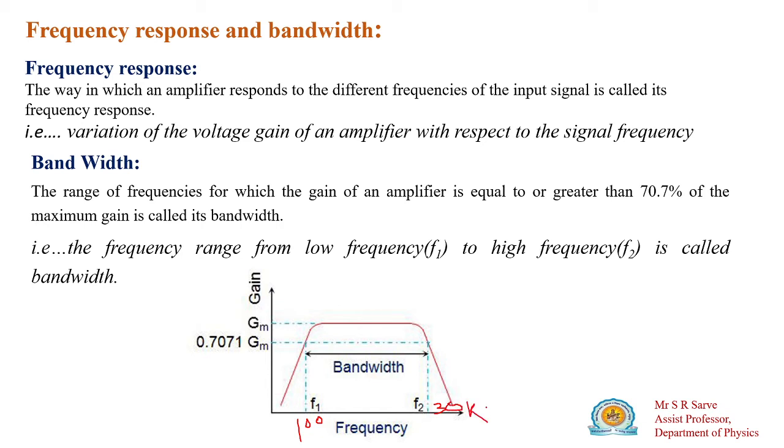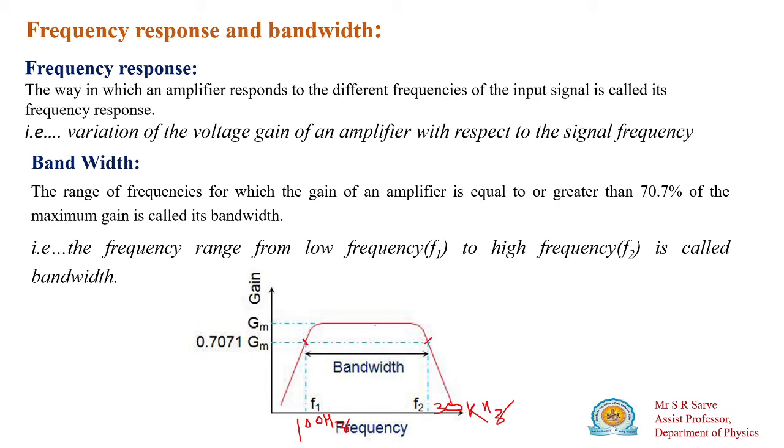Kilohertz means it is 30,000 hertz. Okay, and this is your 100 hertz. Between this frequency range, it gives the maximum gain. Maximum gain means 70% of this gain starts from this point to this point.